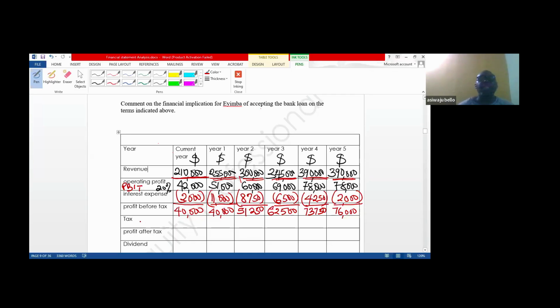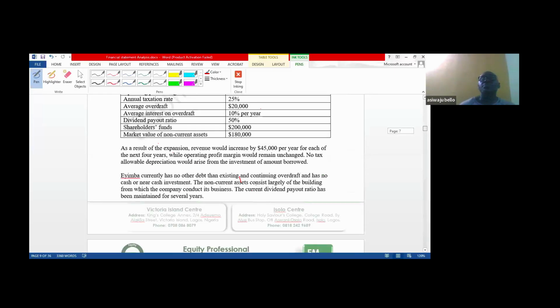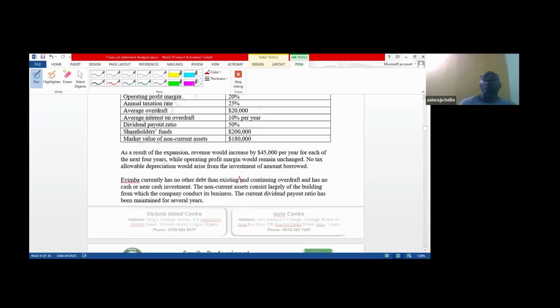Now compute your tax. The examiner says the annual tax rate is 25%.